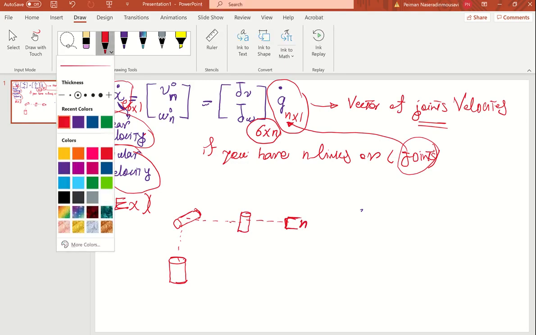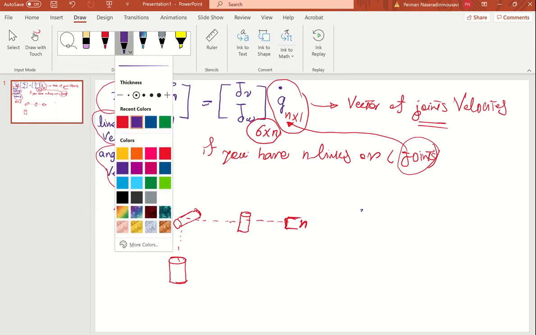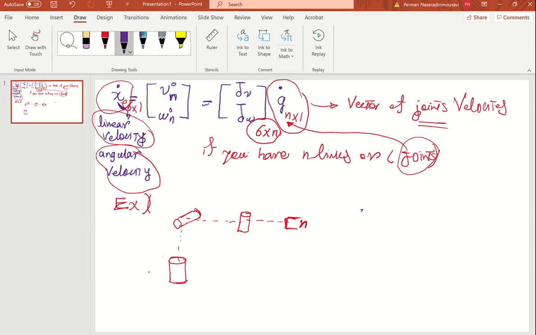This joint is rotating around this axis, as I taught you for the midterm.